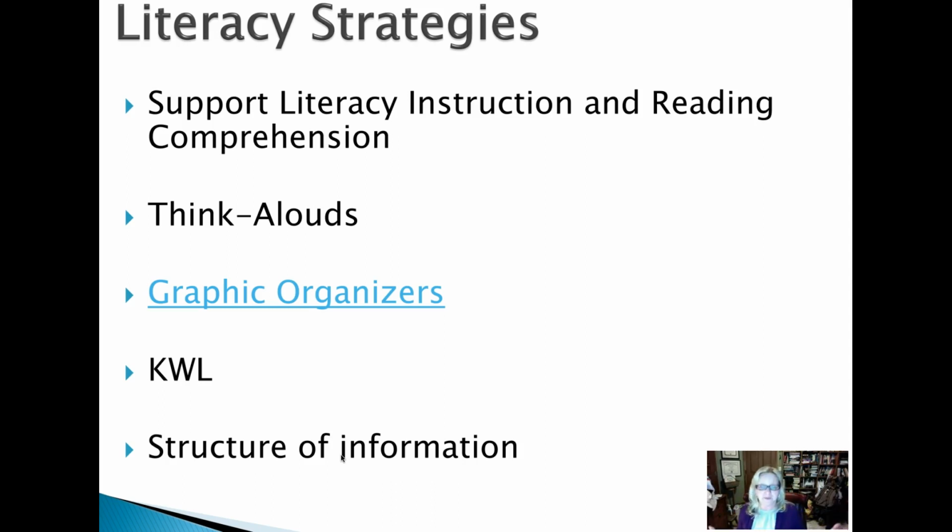Think about geography with the maps and knowing how to read a legend, knowing how to look into an index in order to find information in a book. These can all help reading and reading comprehension if they understand what they're looking at and how to approach the words in the book by understanding the structure of the information.